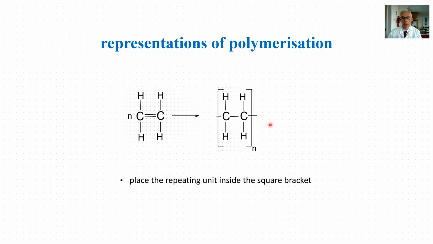Place the repeating unit inside a square bracket, extend the bonds from the carbon atoms to beyond the square bracket, and then add an N as a subscript after the square bracket. So that would be our standard representation, but it requires the identification of the repeating unit.